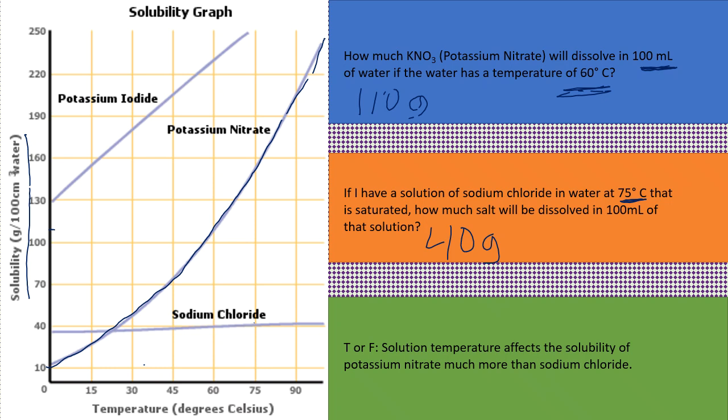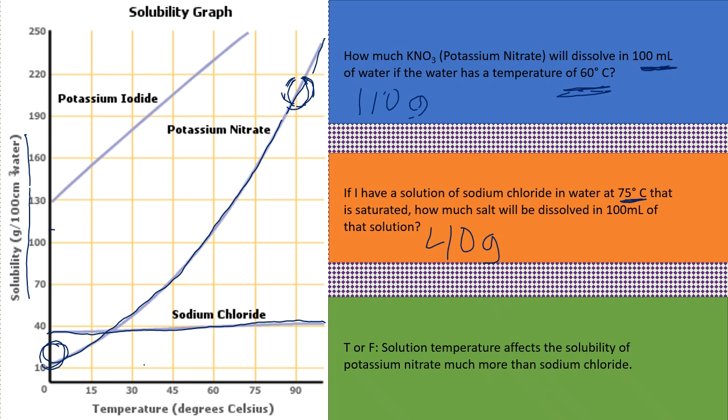You can see at 0 degrees Celsius, 100 milliliters of water will only dissolve about 10 grams of potassium nitrate. But at 90 degrees Celsius, 100 milliliters of water will dissolve almost 200 grams of potassium nitrate. There's a huge difference. Sodium chloride, on the other hand, has this very, very flat line. A lot of times when you see flat lines on graphs, that is an indication of not very much change.